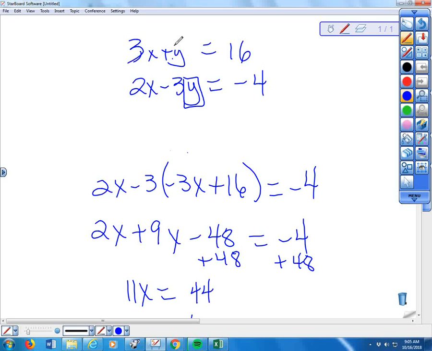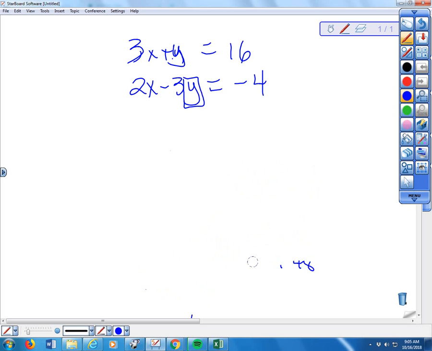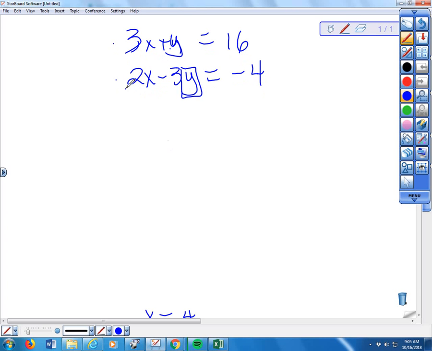And this is just y. Okay, with elimination, instead of solving an equation for one variable, I'm going to try and eliminate one variable. So in order to do that, I need to get one of these variables to go away when I add them. Okay? I can choose to do something to this equation and something to this one so my x's go away. Or I can choose to do something to this equation and this one and have my y's go away. For me, my strategy is always, if I ever have a coefficient of 1 in front of a variable, like this one with y, that's usually what I'm going to try and do.